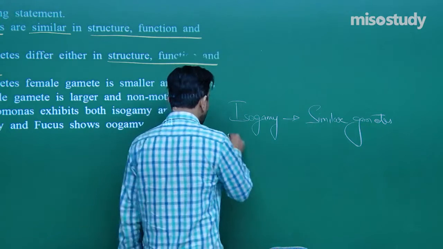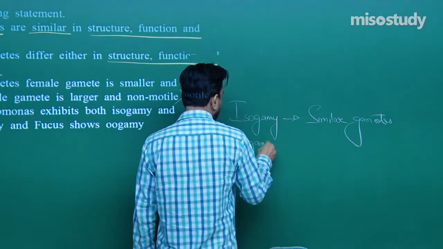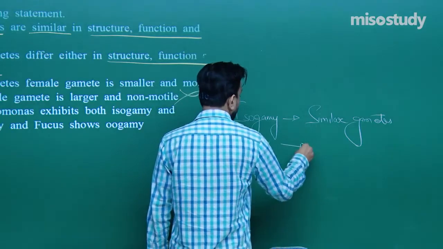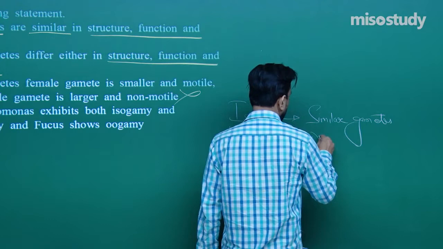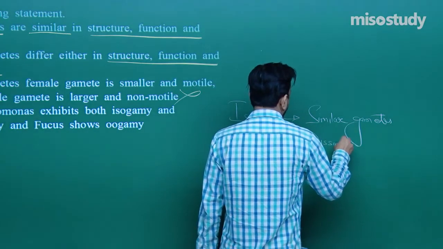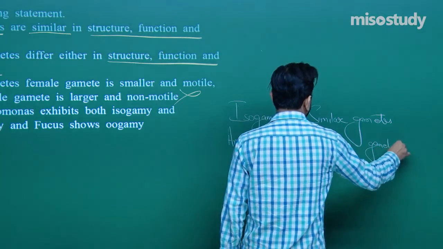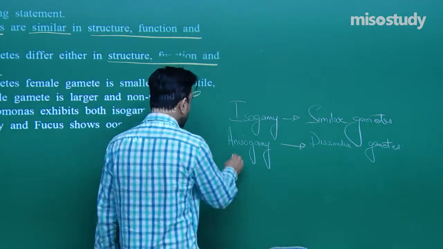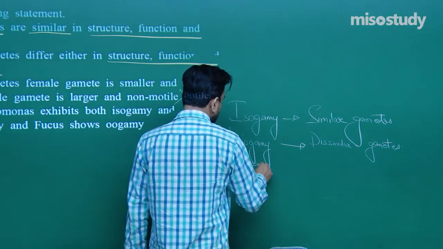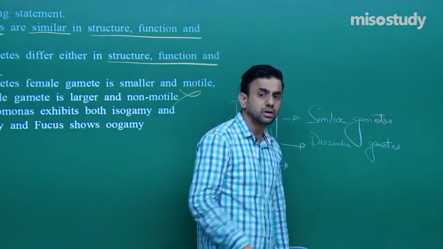Then we talk about anisogamy, in which we have dissimilar gametes. And then we talk about oogamy. Oogamy is a special condition.